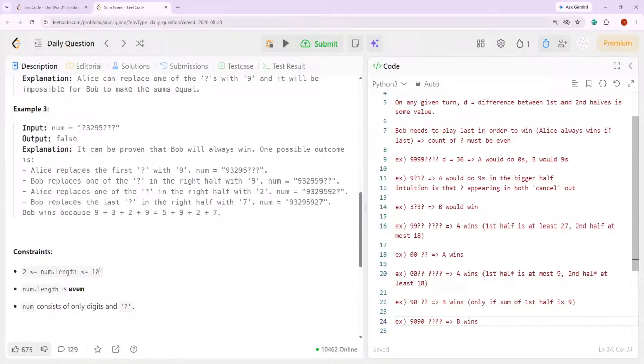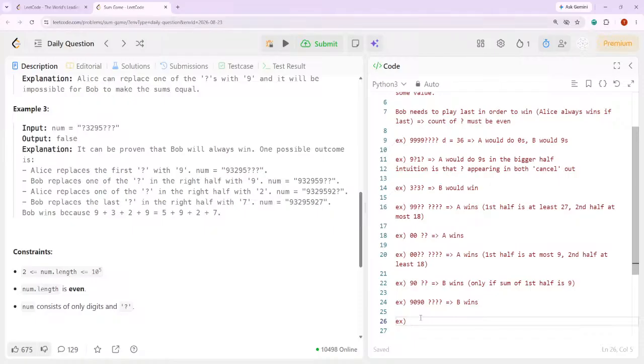So it's like a reduction to cause pairwise addition to 9.